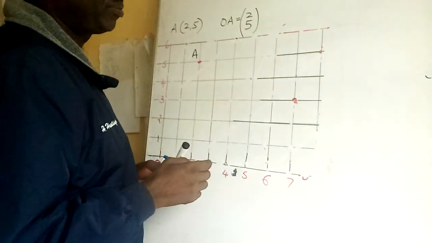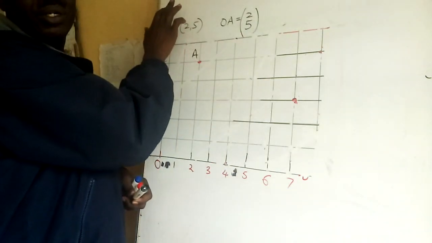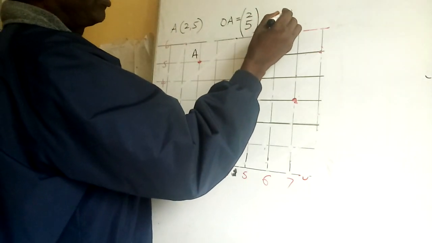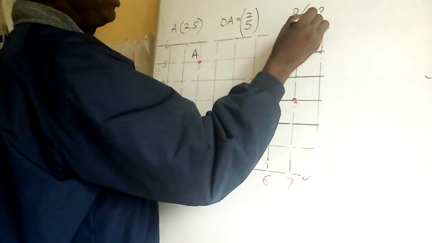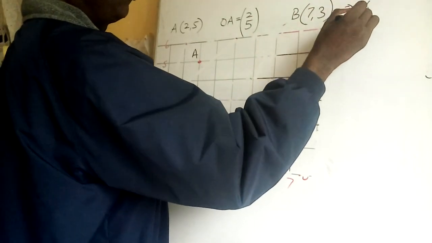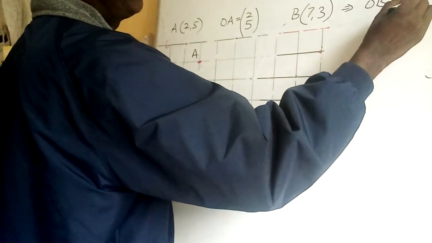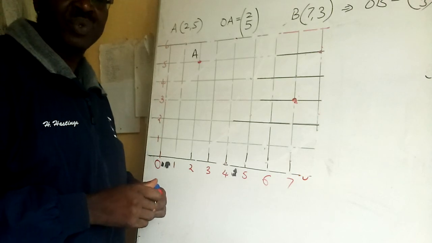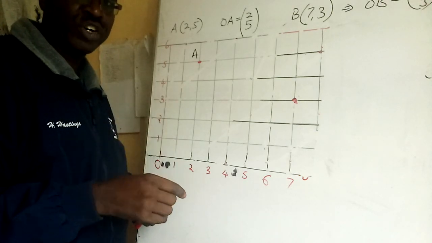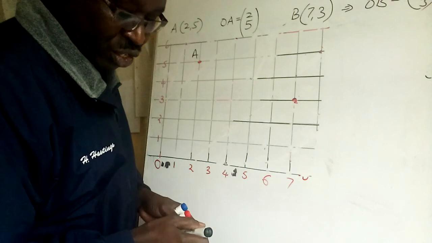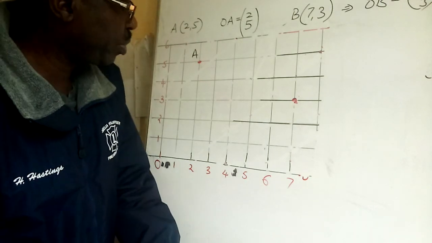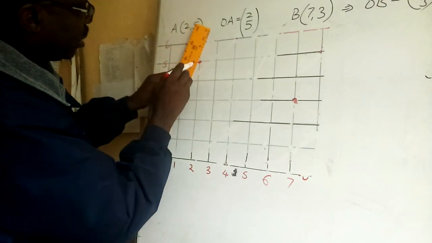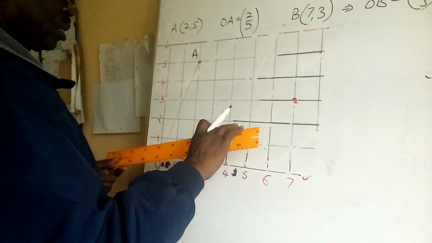The same thing here. You can have O, B is vector 7, 3, implying OB is 7, 3. That is another position vector. Why? They come from origin. But if I asked you, maybe I put them in red here, and I put it here.